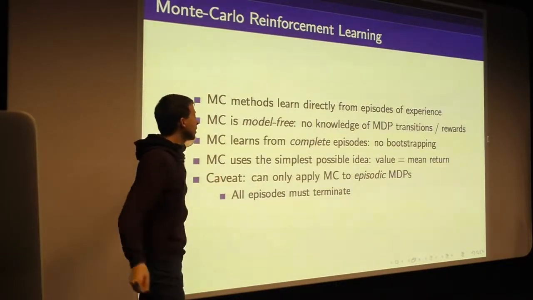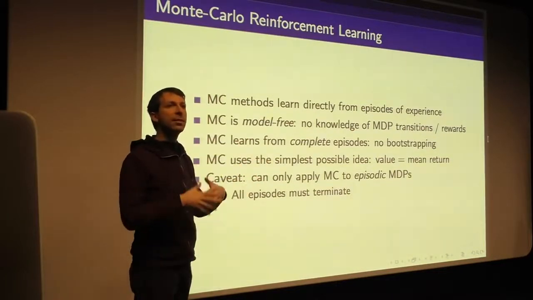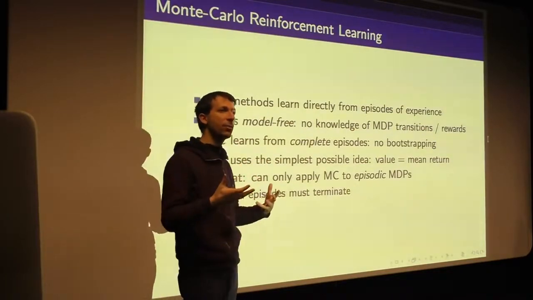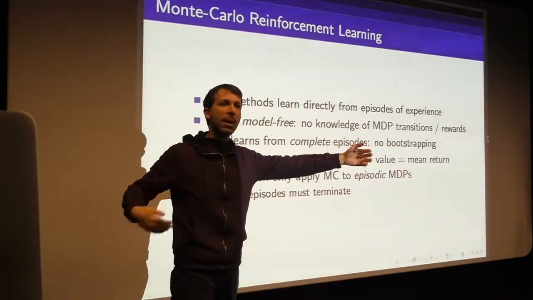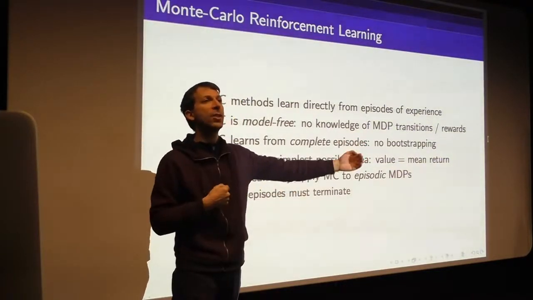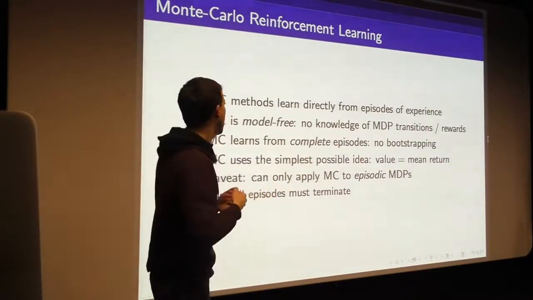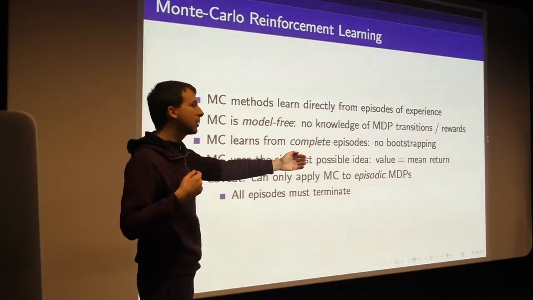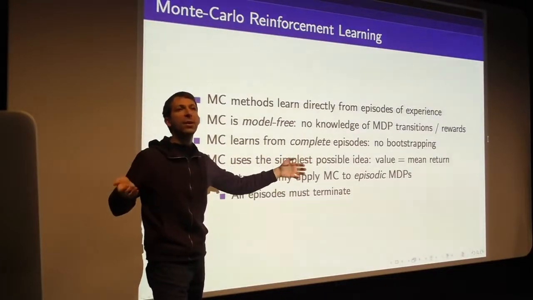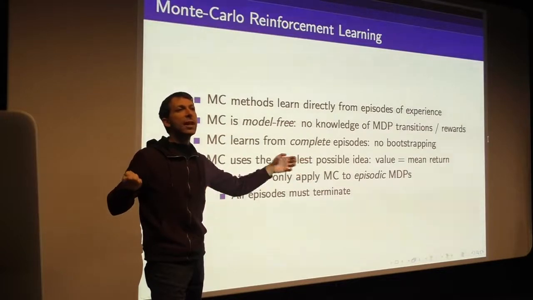And what we're going to do is look at complete episodes. So this is really suitable for episodic tasks where you start, it's like a game or something. You start at the beginning of your game and you play for some number of steps, and then the episode always finishes, always terminates. And we're going to use the simplest possible idea to estimate the value function, which is just to take sample returns.